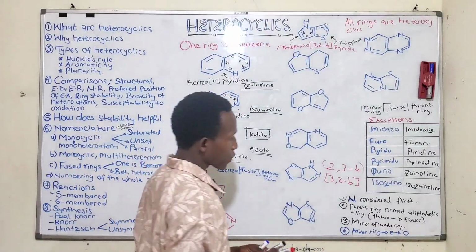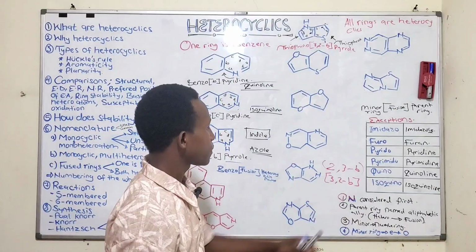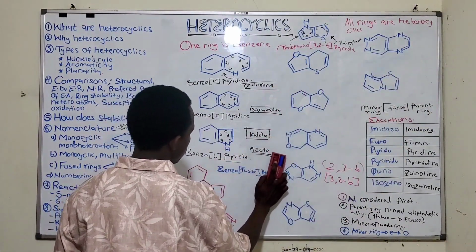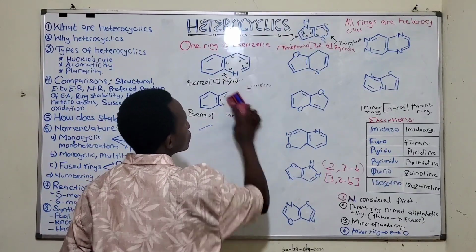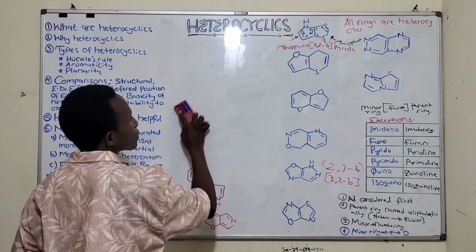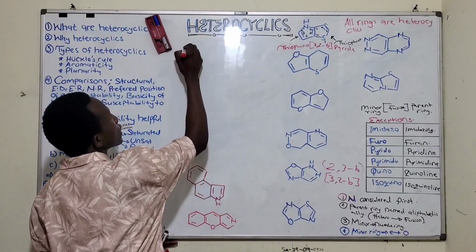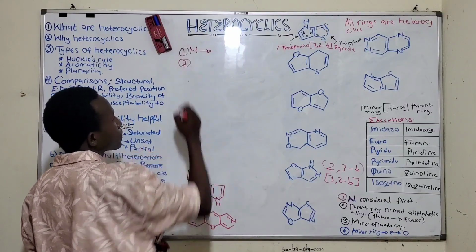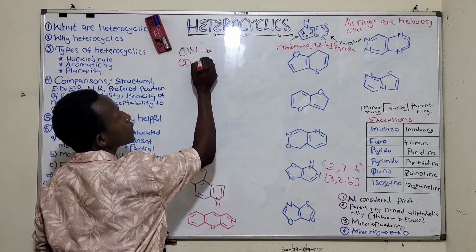So at first, you consider N. If any ring is having nitrogen, it will be considered first. Secondly, if you don't have nitrogen, then the order should be from group 7.